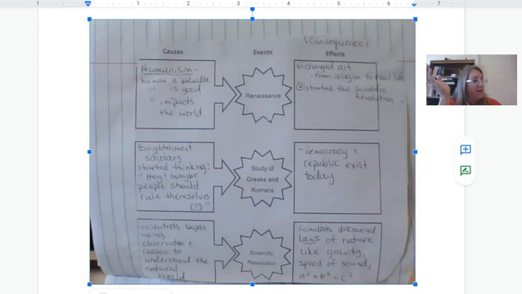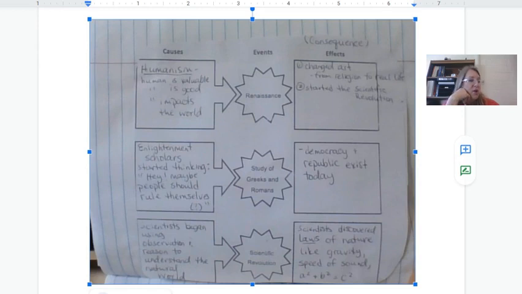And effects of humanism and the Renaissance is that we saw in that unit too that art changed from being very religious focused to being focused on real life, and being 3D, and we can see facial expressions. It looks like movement. So we can see muscles. So very realistic.